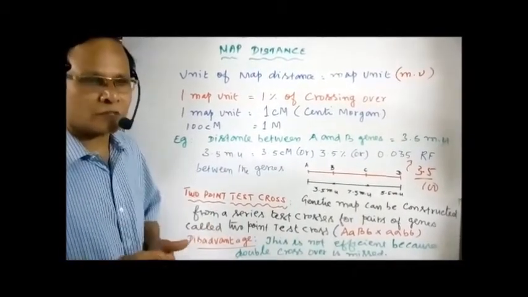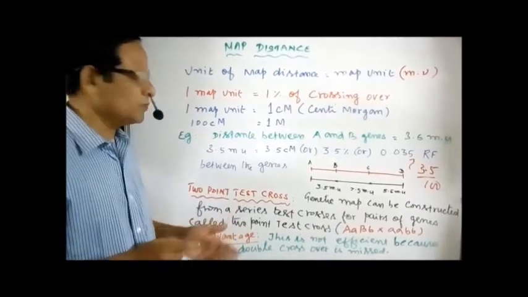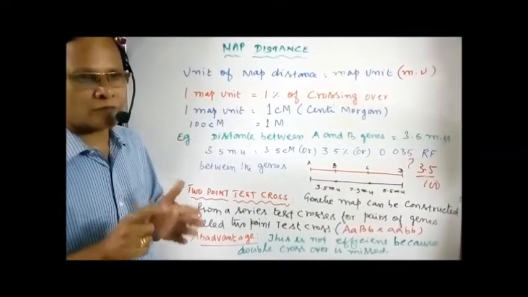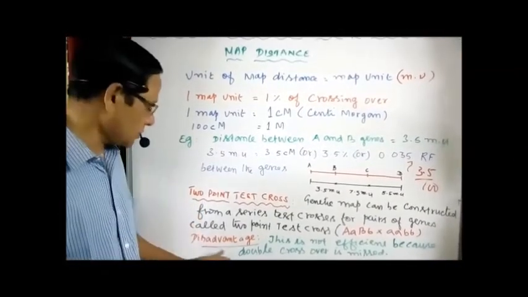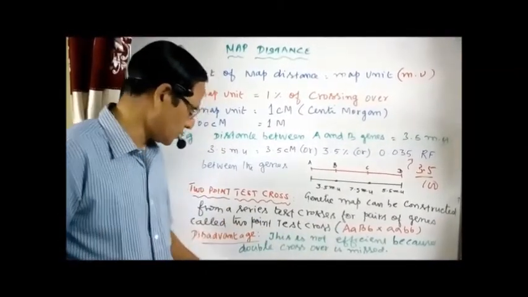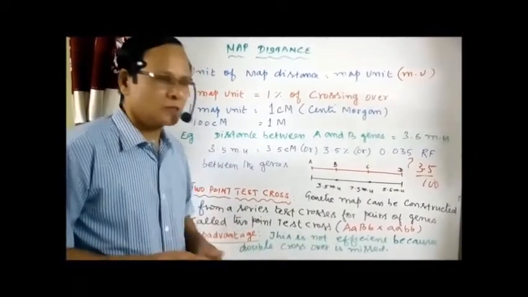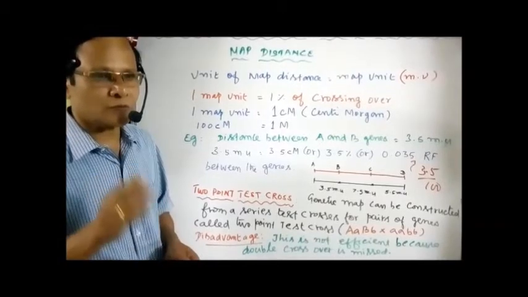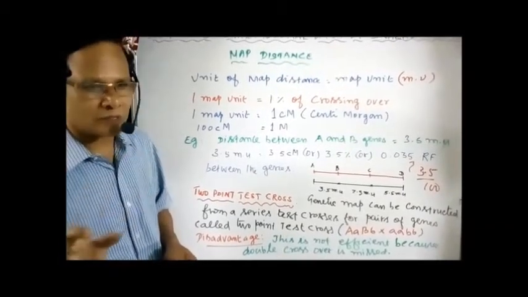It is not efficient because in this one we cannot detect double crossing over. We cannot find out the double crossing over. That's why I mentioned here that it is not efficient because the double crossover is missed, so we cannot detect the double crossover needed to find out accurate map distances.